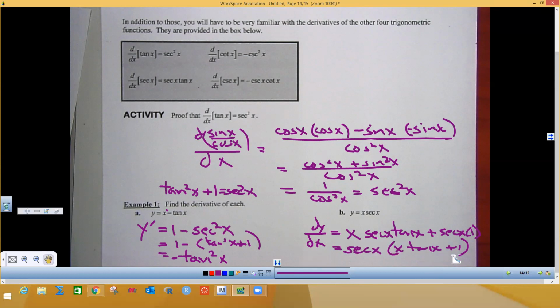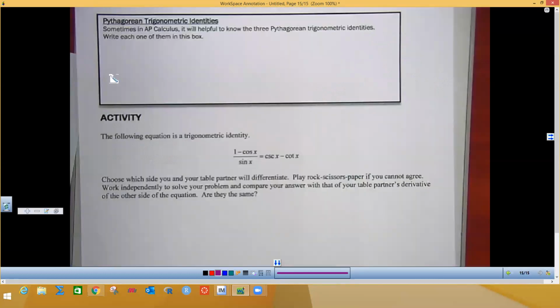Okay, then this next page is a reminder of some identities. One of the identities we talked about was sine squared x plus cosine squared x equals 1. From this one, you should also know that sine squared x equals 1 minus cosine squared x, and if you subtract the sine squared x, cosine squared x also equals 1 minus sine squared x.